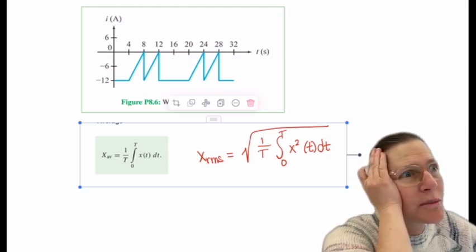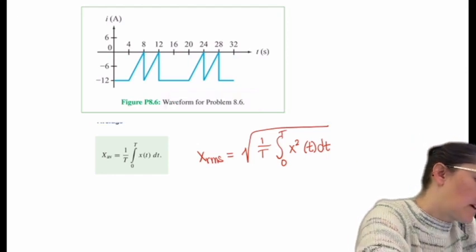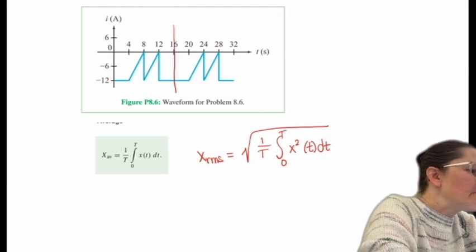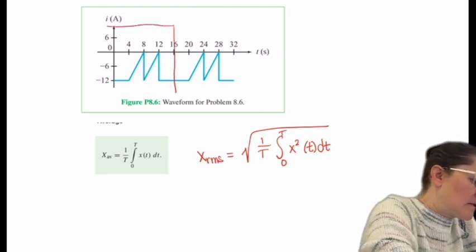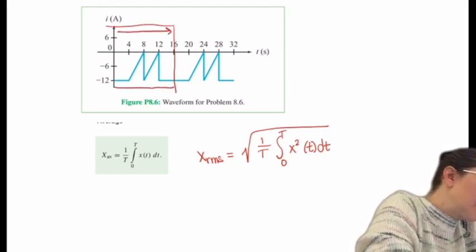What would you say would be the period of this signal? 16. Okay, so this is our period, T.